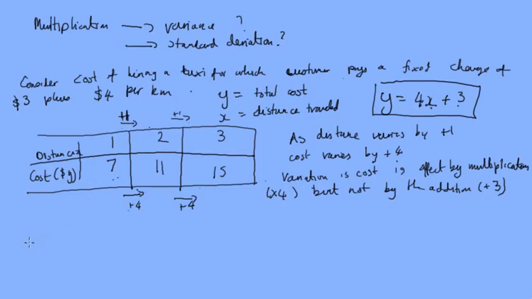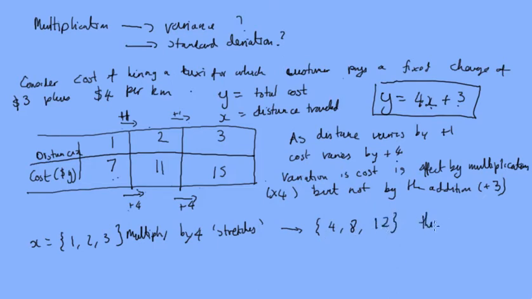So let's look at the data set x, 1, 2, 3, and then we're multiplying that by 4, and it stretches it. So the whole data set then goes to 4, 8, 12.